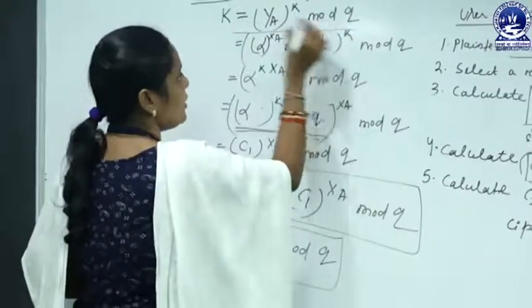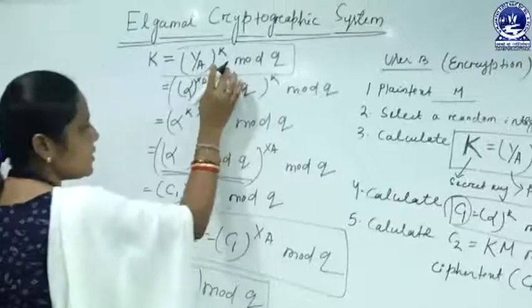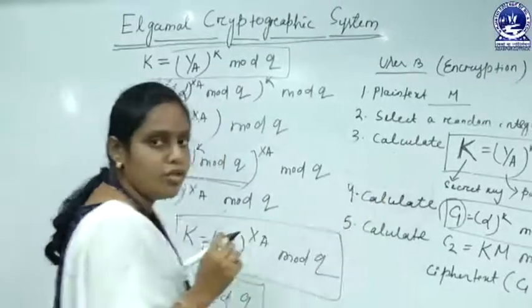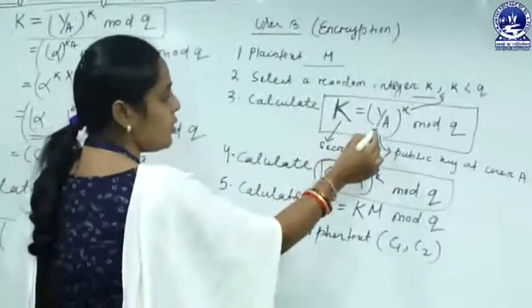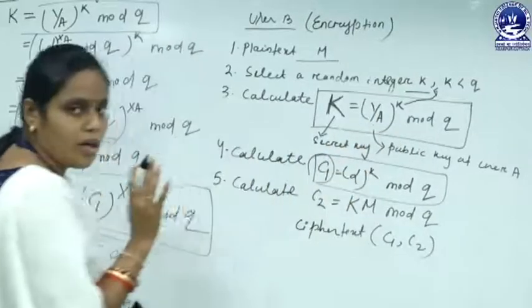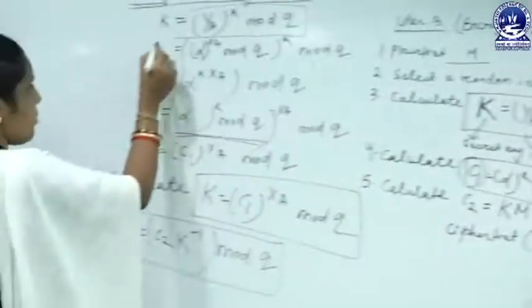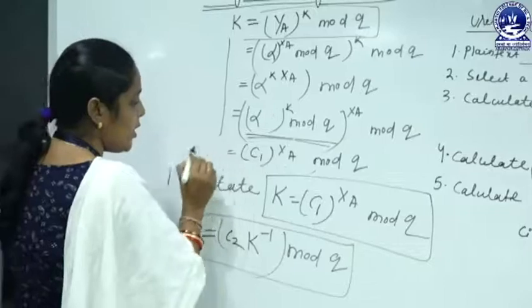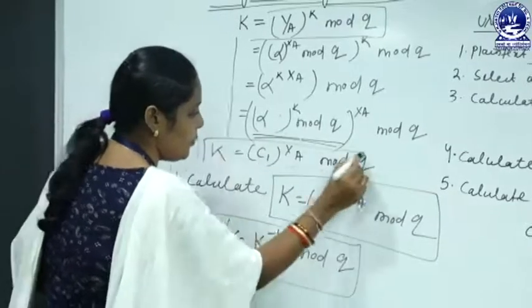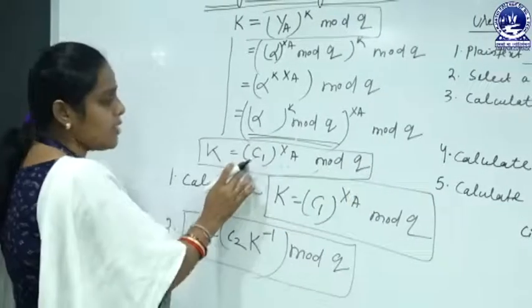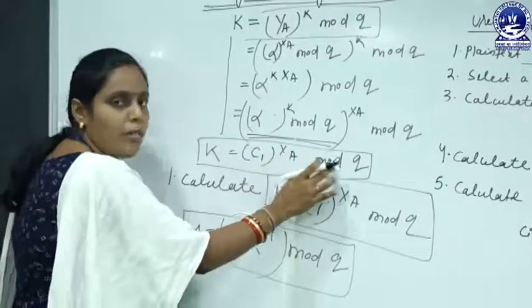Now look at these two values. Here I am taking the secret key generated by user B, that is k equals ya to the power k mod q. After solving this, I am getting the k value, that is C1 to the power xa mod q.